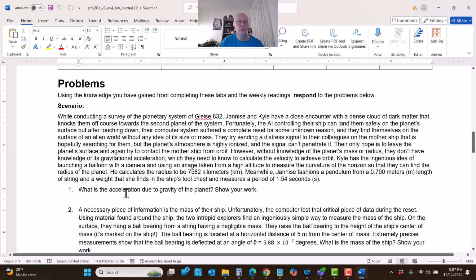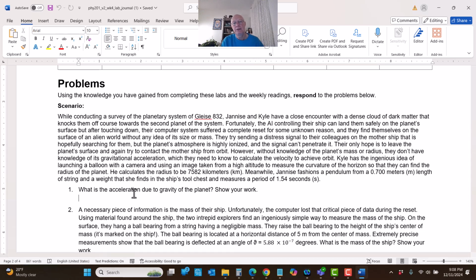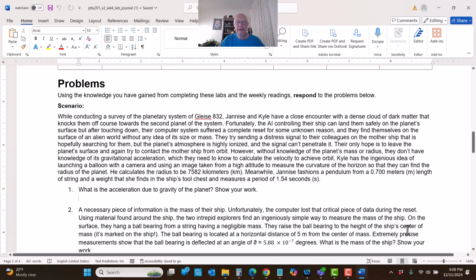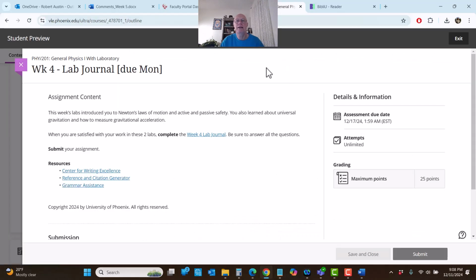So the first question is, what's the acceleration due to gravity? Now, the acceleration due to gravity affects the period of the pendulum. Now, that's a little tricky. So I'm going to show you where to find that information.